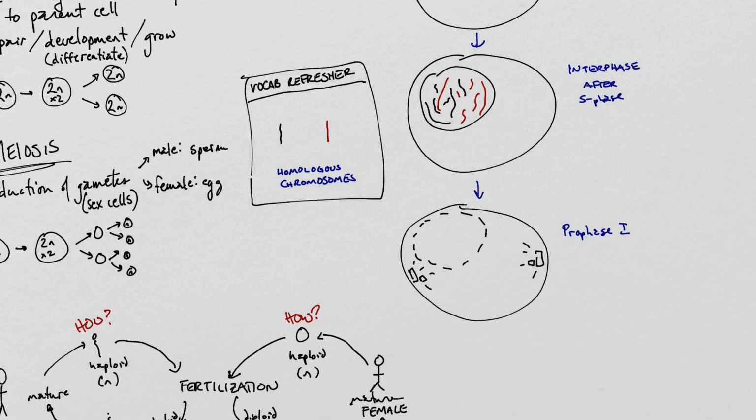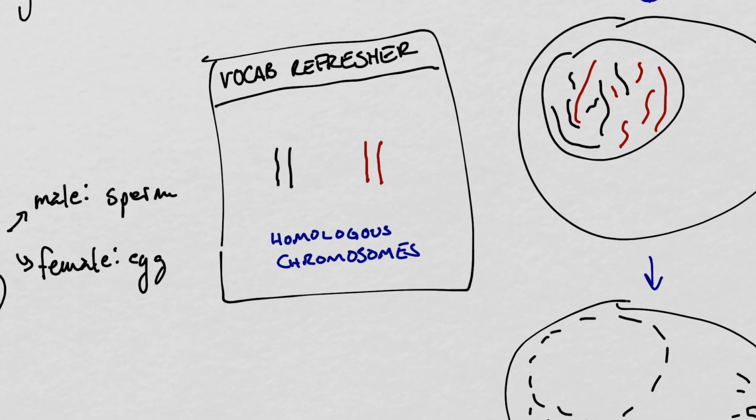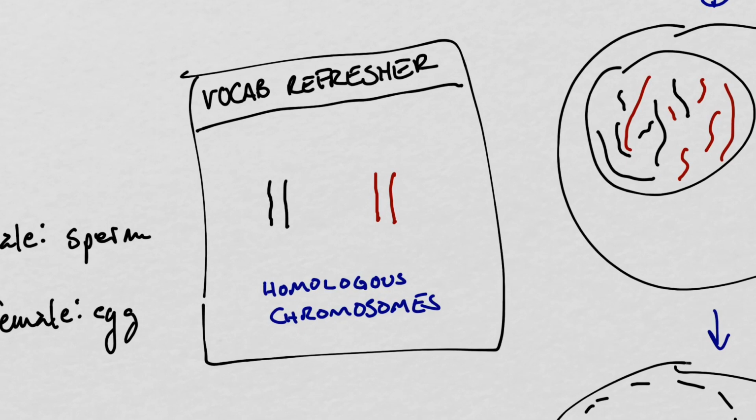So these are homologous chromosomes. Now, after S phase, we make a couple of exact copies of these things. Now there's a second red one and a second black one. These two black ones are not homologous chromosomes. These two black ones now are what we call sister chromatids.